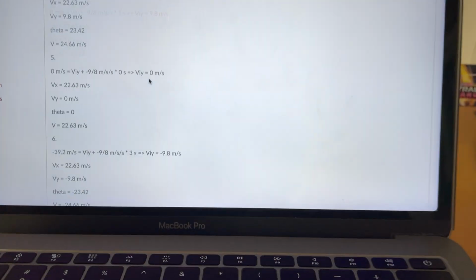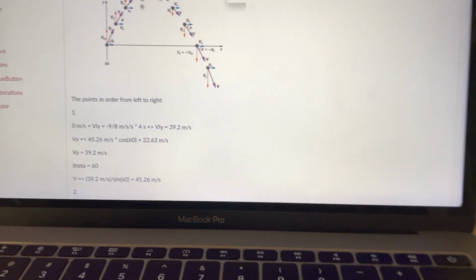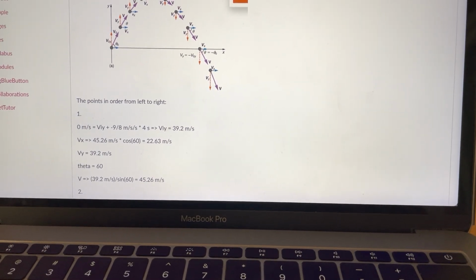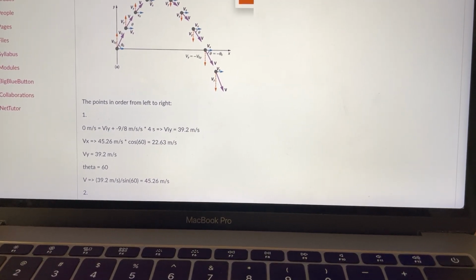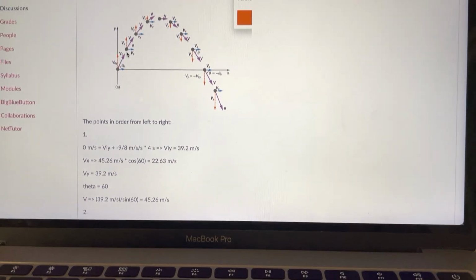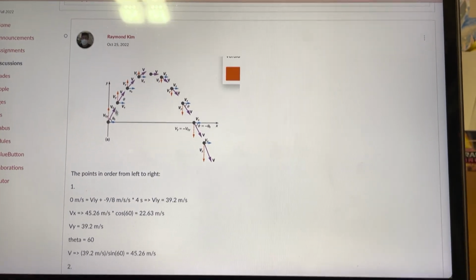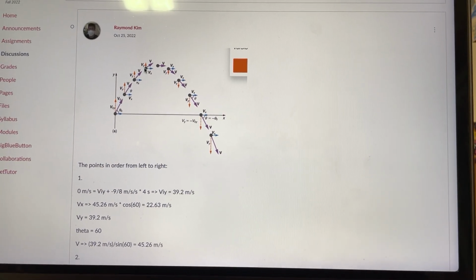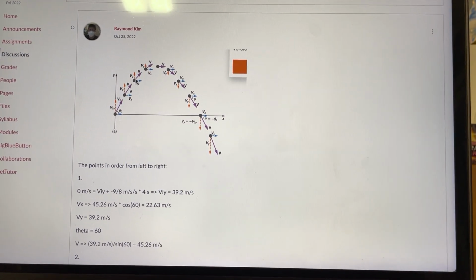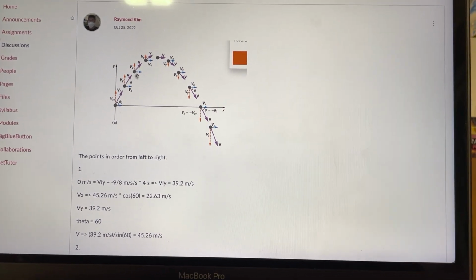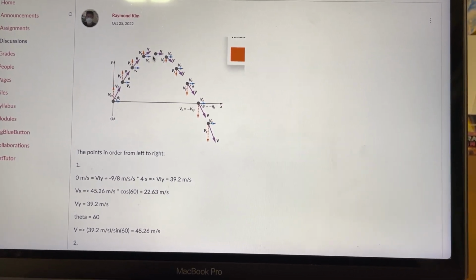Because when you look at this graph over here, to here is 1, 2, 3, 4 seconds. So for this point, here is 1, 2, 3, 4 seconds, and then from this point it's 1, 2, 3, and then 1, 2, and then 1, and then 0.